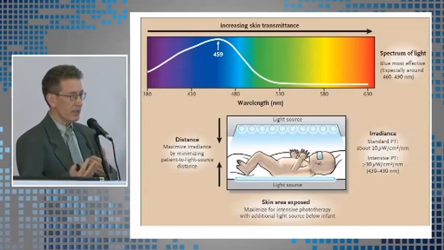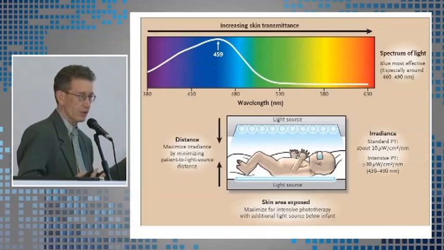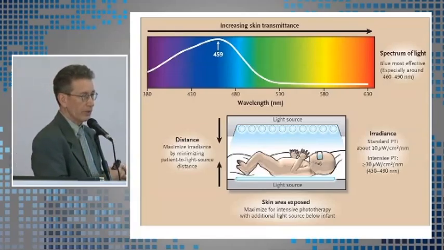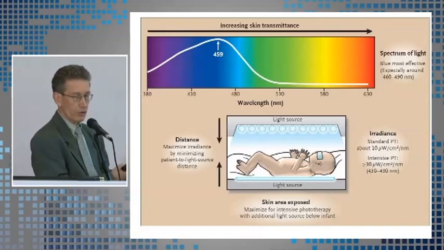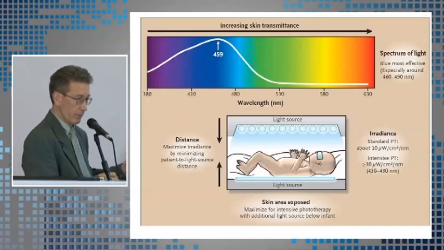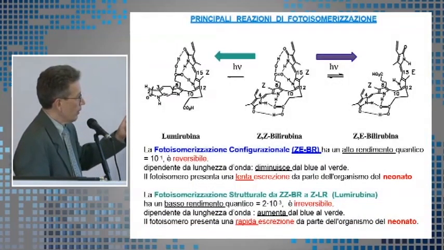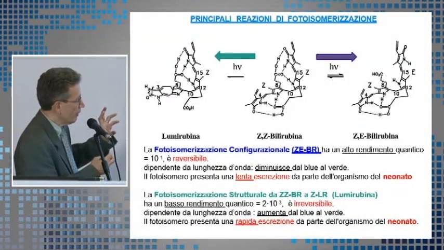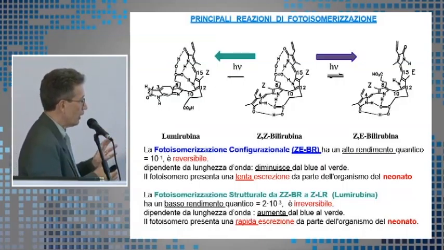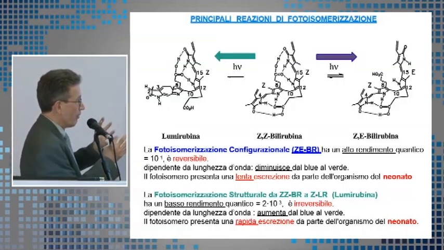Well, we've seen that there are two processes, configurational and structural photoisomerization, where the final product is the configurational isomer, and the other is the structural isomer. So we have two ways. This is a better description of the configuration of bilirubin.